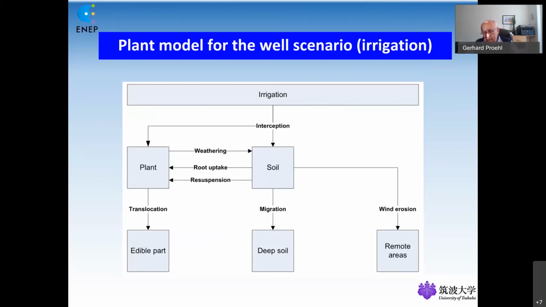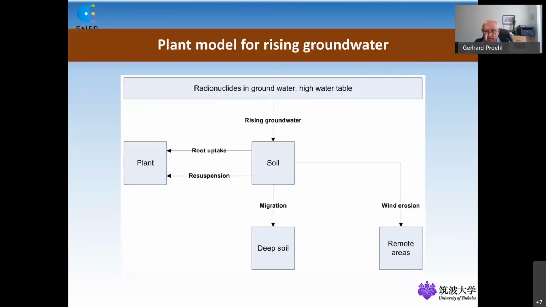Within the plant, we have translocation processes, and radionuclides may be transported to the edible part of the plant. And the loss from soil is via migration to deep soils or via wind erosion to remote areas. And here we have similar, but we have a direct contamination of soil from rising groundwater, and we don't have irrigation.